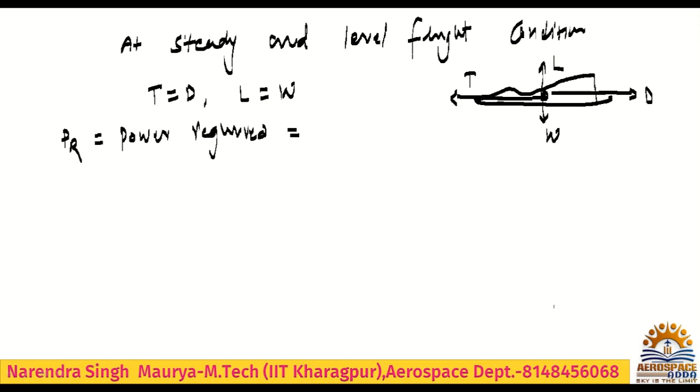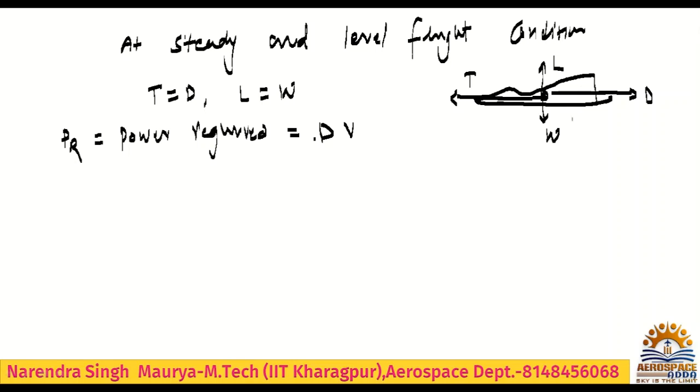To balance the drag force, we need engine power, because drag is equal to thrust. Thrust is produced by the jet engine. So power is required because of the drag. If there is drag, then power required will be there. If there is no drag, obviously power will not be required. Hope you understood. So power required is nothing but drag into velocity, force into velocity.